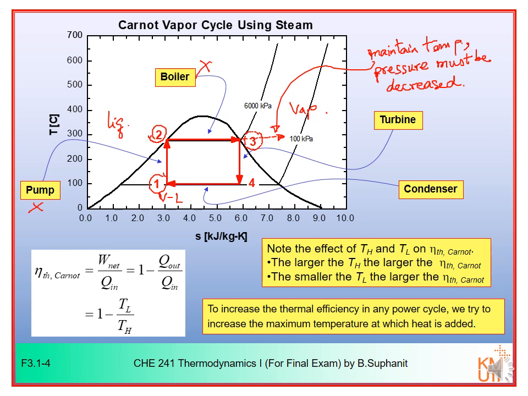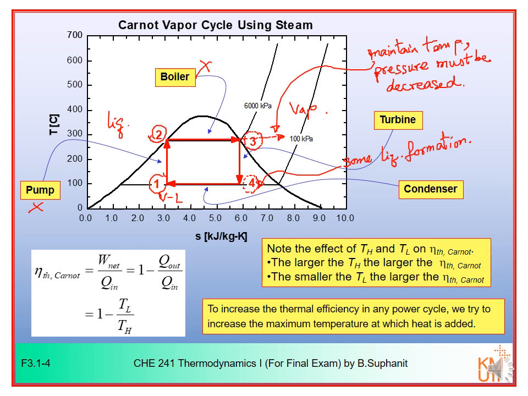And the last reason why we cannot use Carnot with the vapor is that when you expand the steam in the turbine from point 3 to point 4, you can see that the steam will be at a lower quality. At number 4 here, you can see that you have some liquid formation. And this is not good for the turbine blade, because turbines spin at a very high velocity.